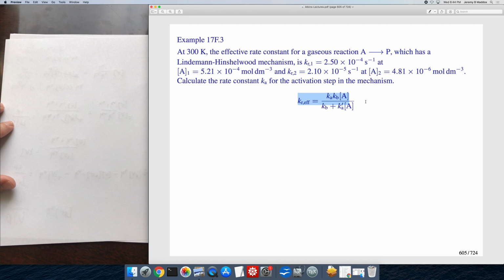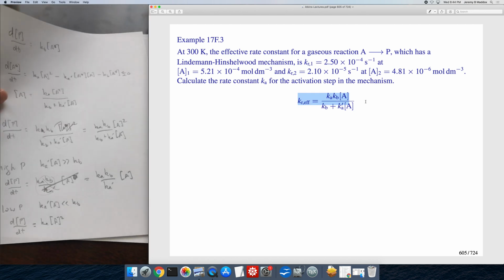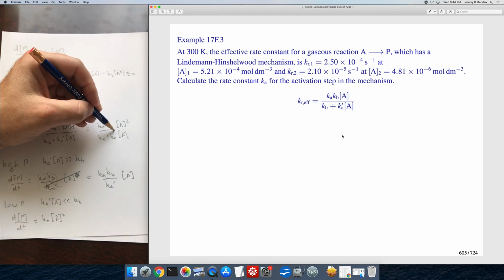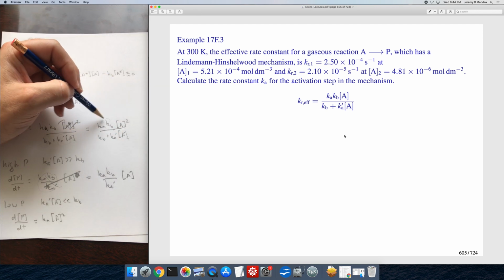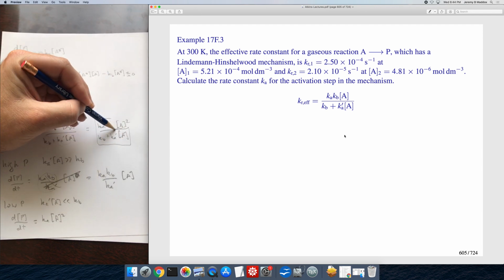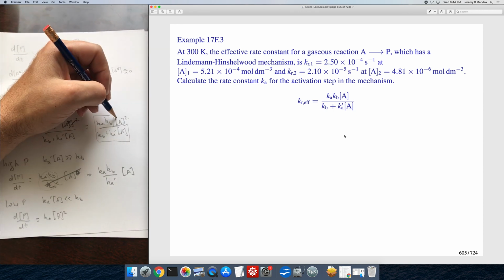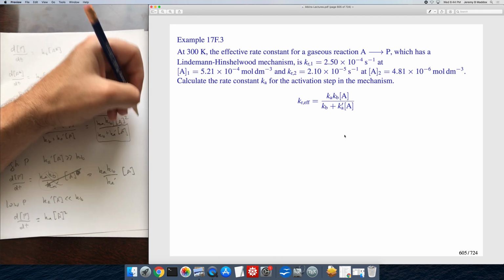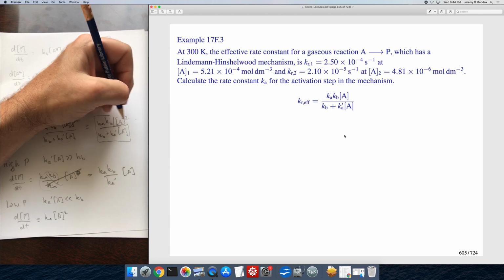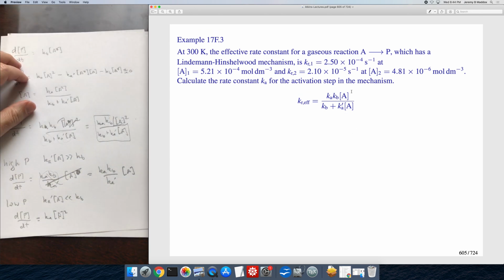Here is the effective rate constant from the mechanism. If I go back, you can see that if you take all of that part and call that the effective rate constant, they've separated this and combined one of the concentrations here.